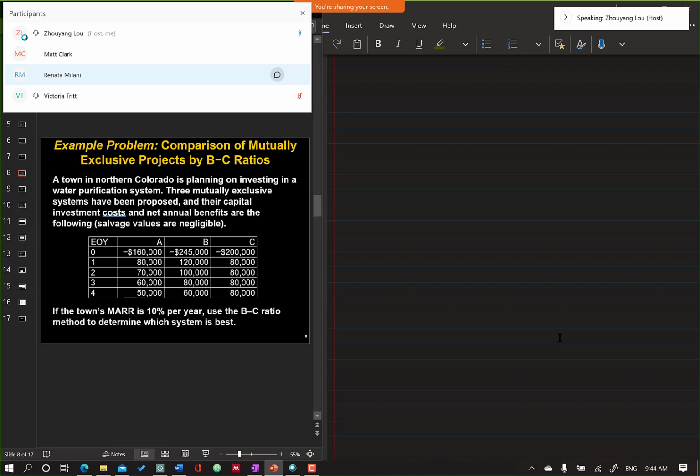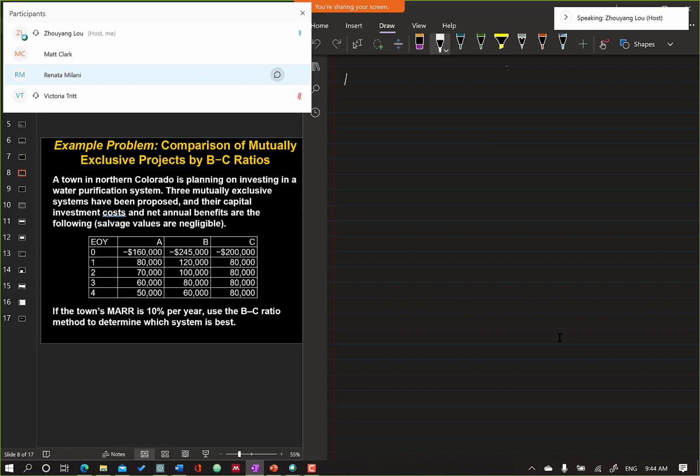As we have seen in the textbook, in the lecture videos and in my video too, the first thing is reordering. From the least costly, here we're just looking at the initial investment, so the ordering will be from the least to the most expensive.